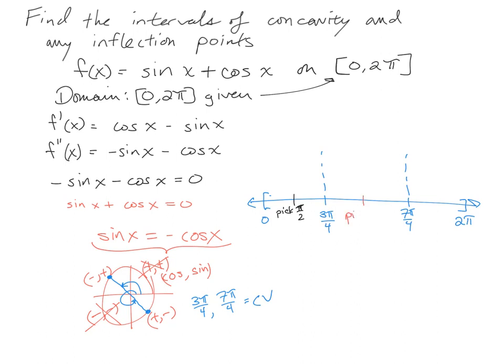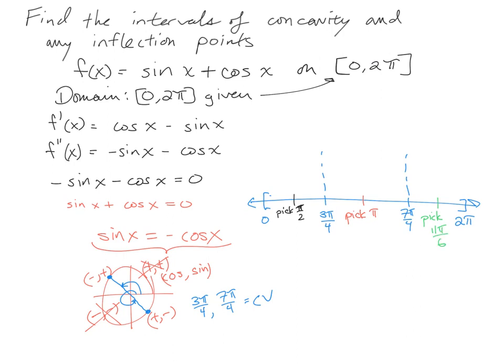Here I will pick pi, and for this last one between 7 pi over 4 and 2 pi, if you remember the unit circle, there are infinitely many angles, but the one angle that everybody knows here would be 11 pi over 6. So why don't we use 11 pi over 6.